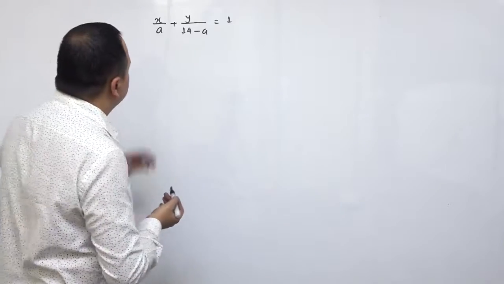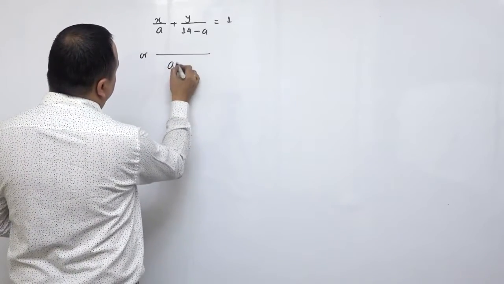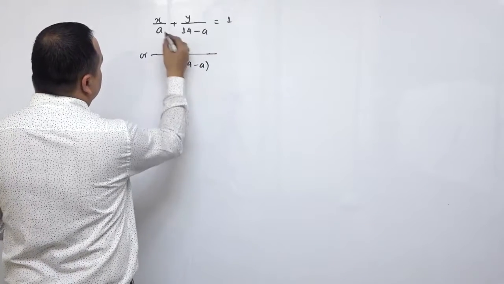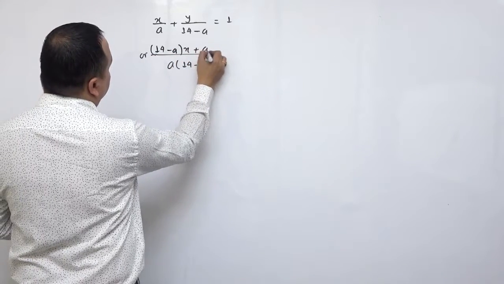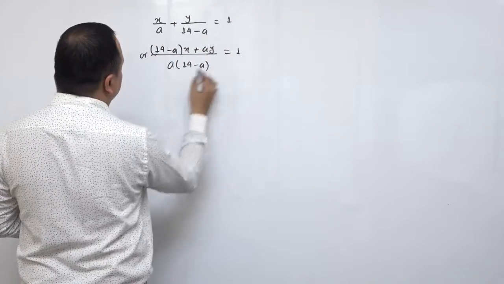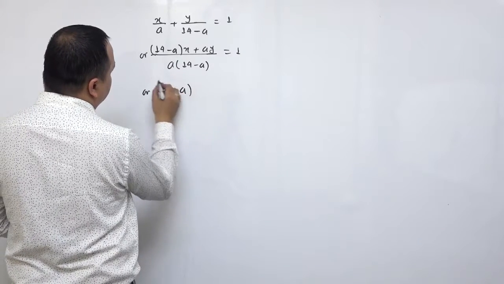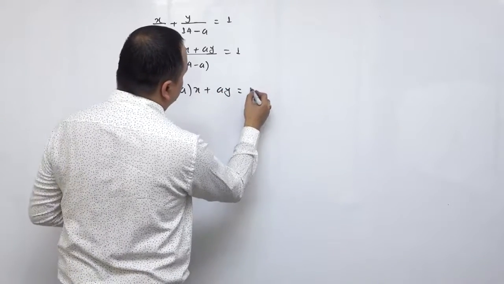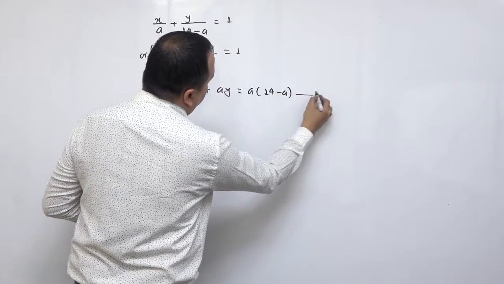Now taking the LCM of A and 14 minus A, which is A times 14 minus A, we get 14 minus A times x plus Ay is equal to A times 14 minus A, equation II.